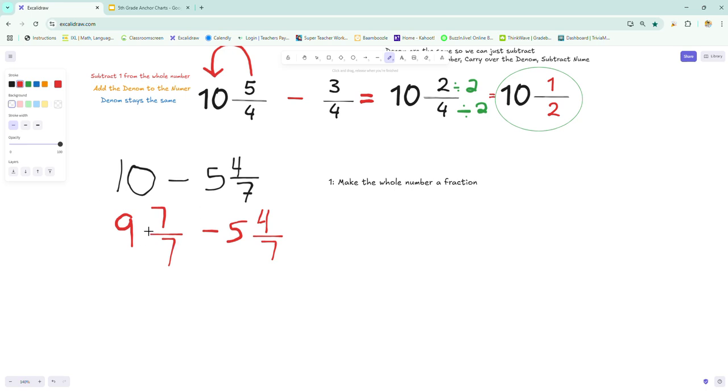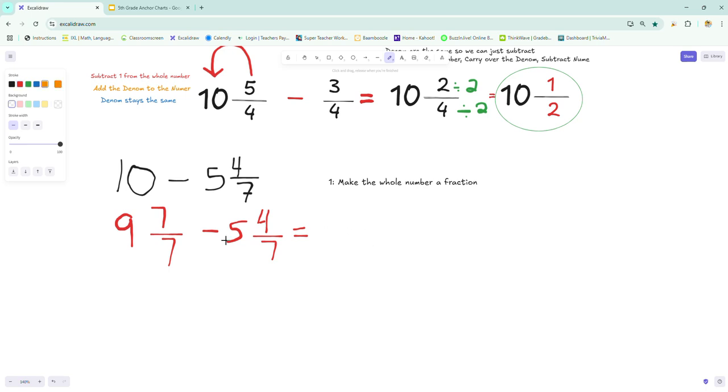Well, in this case, we didn't have a denominator, so we had to borrow the denominator from the fraction here. So we have 7. So 7 plus 0 is 7. So we have 7 over 7. So now what we need to do is subtract.